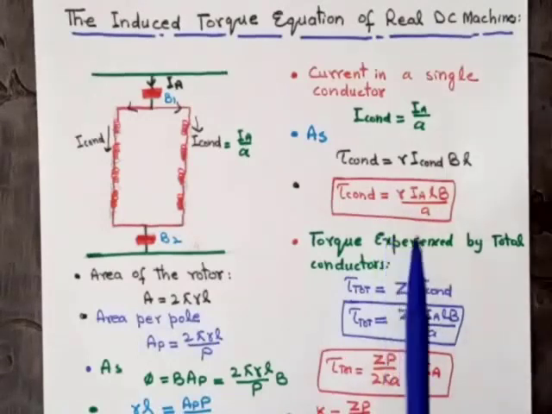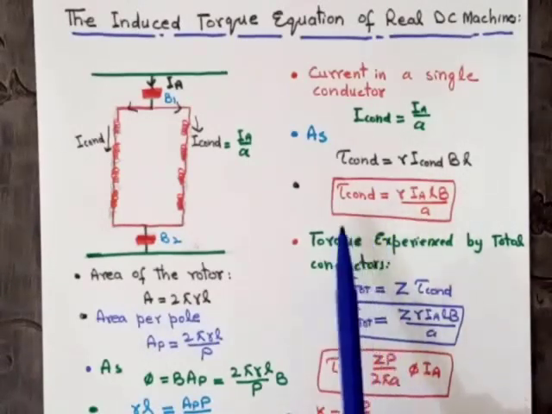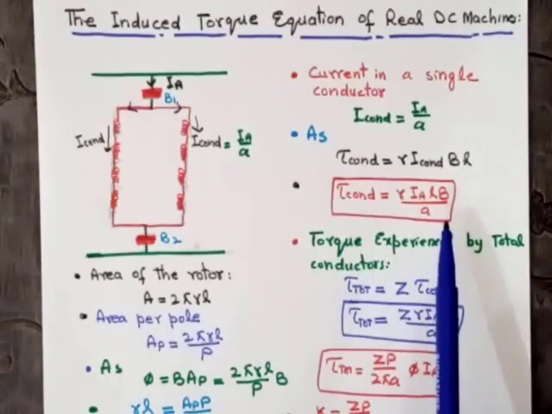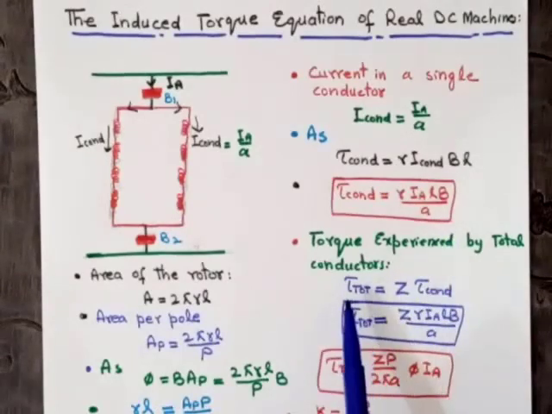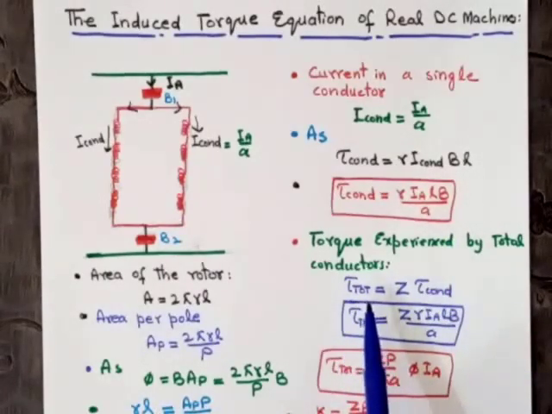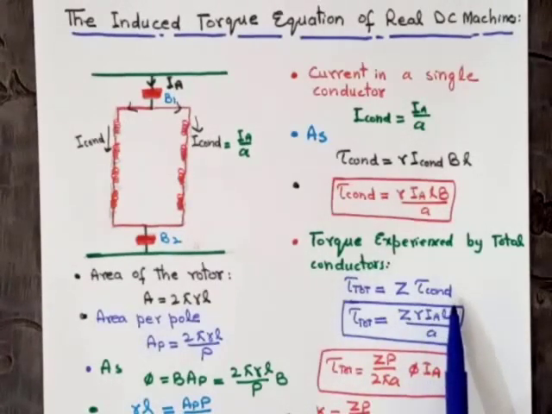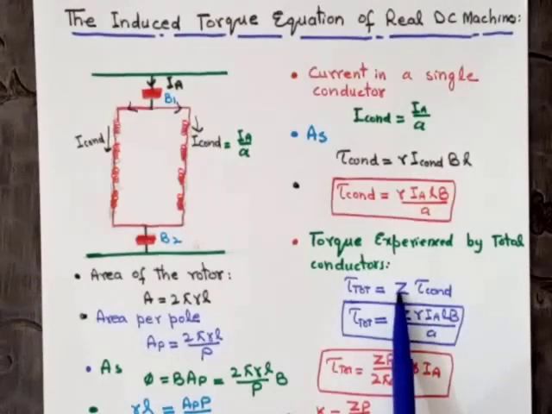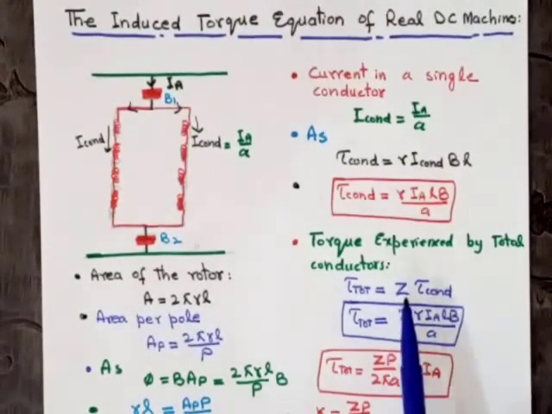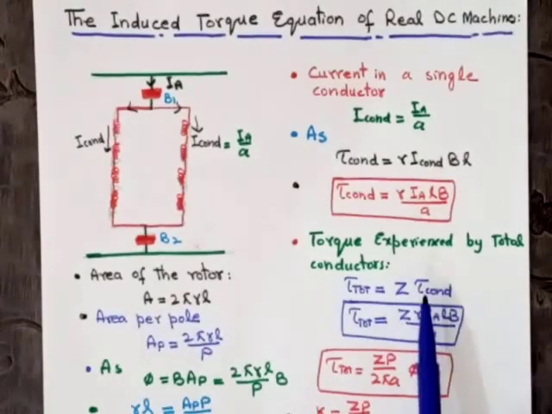As we know, in real DC machines there are a number of conductors. Therefore, tau total is equal to Z into tau across the single conductor, where Z is the number of conductors. If the number of conductors is 100, then we just multiply 100 by the single conductor torque.